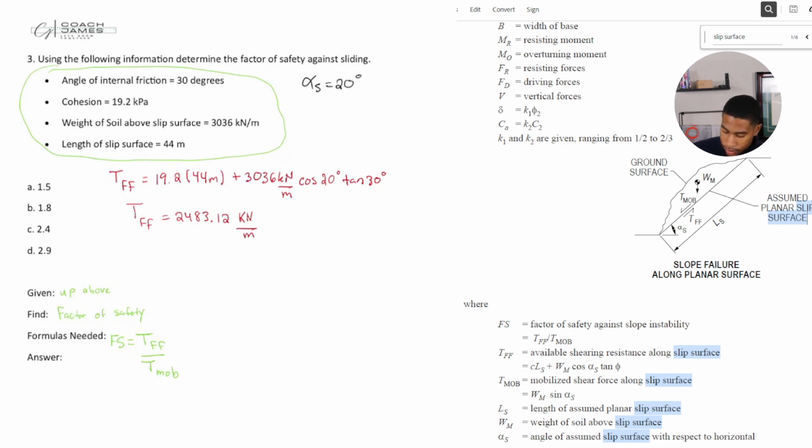All right, and so now we have TFF, we just need T mob. T mob would equal our WM, which is 3,036 kilonewtons per meter.